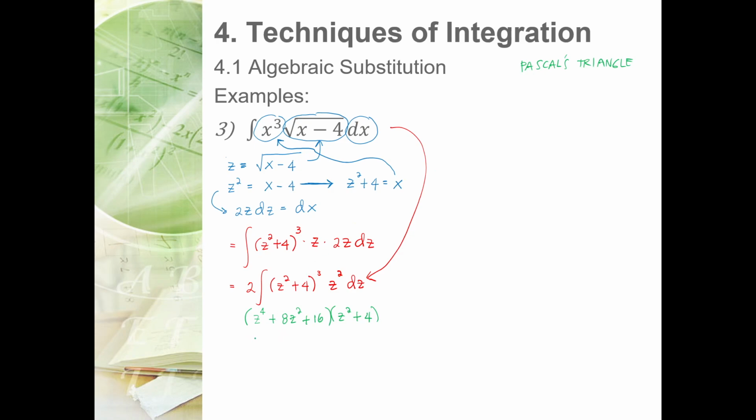So expanding this one, we have z to the power of 6 plus 8z to the power of 4 plus 16z squared plus 4z to the power of 4 plus 32z squared plus 64.